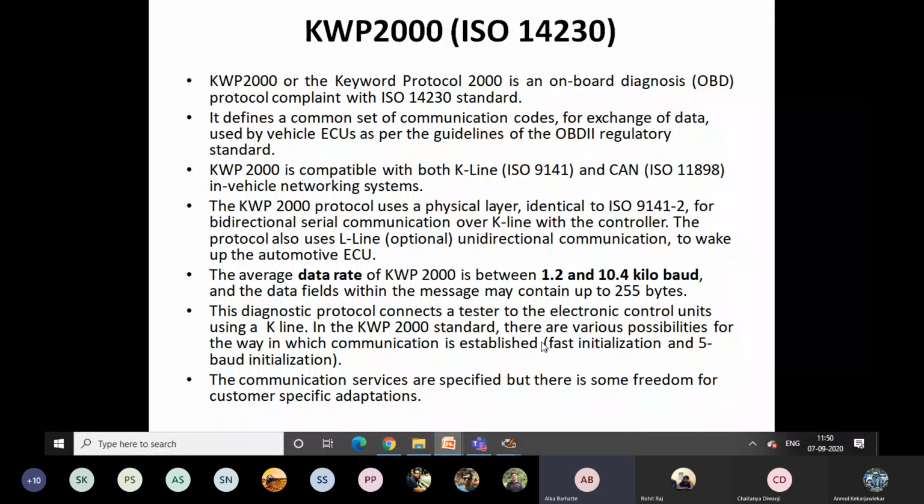There are various possibilities for the way in which communication is established, which we'll discuss afterwards. The communication services are specified, but there is some freedom for customer-specific applications. The customer has the freedom to decide how to use those communication services in the case of KWP.